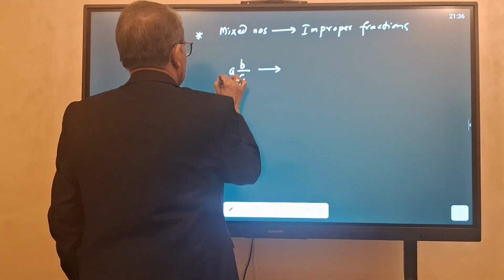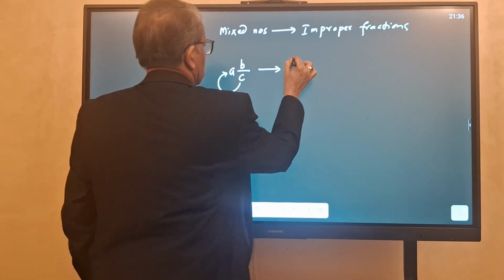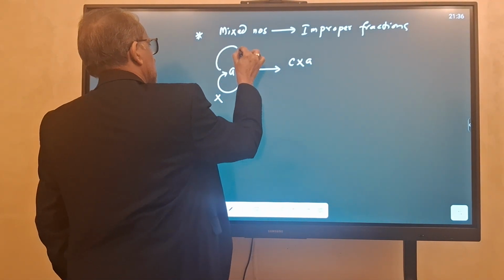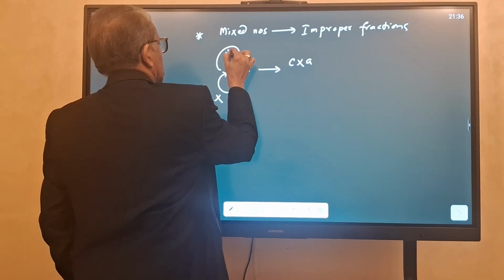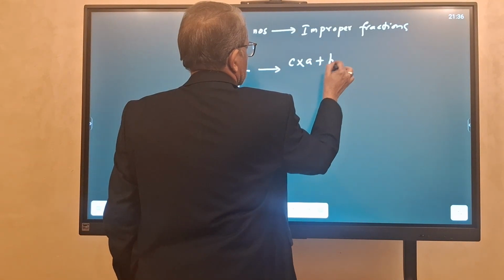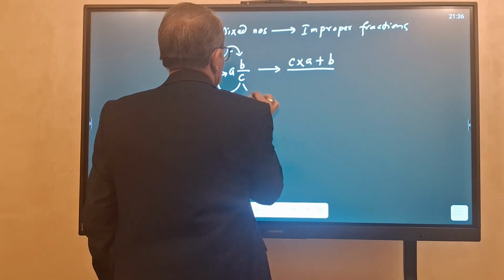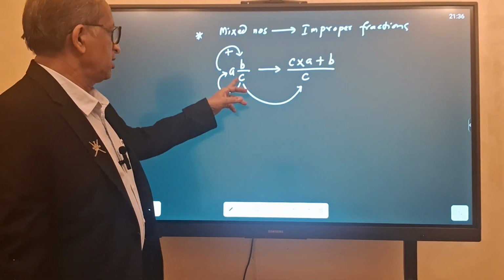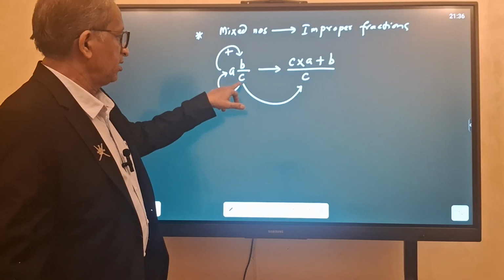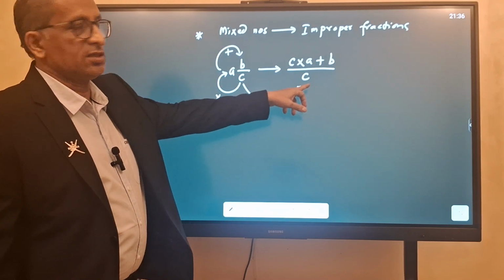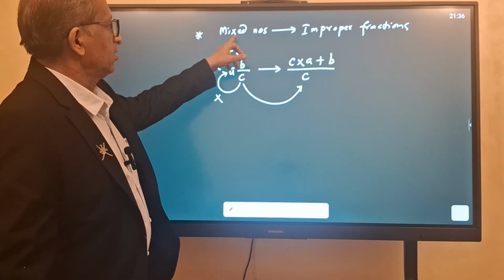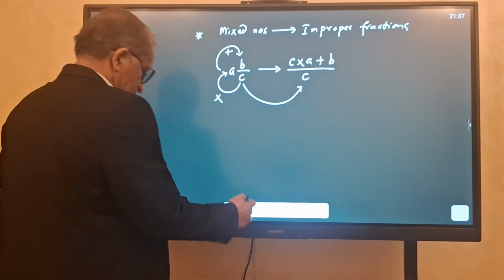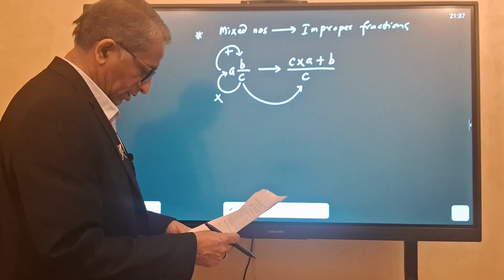I will multiply this and this, that is C into A. Then the result I will add up with B, that is plus B. And the same C I will take here. That is C into A plus B divided by C is the formula for converting a mixed number to an improper fraction. So let's take an example here.